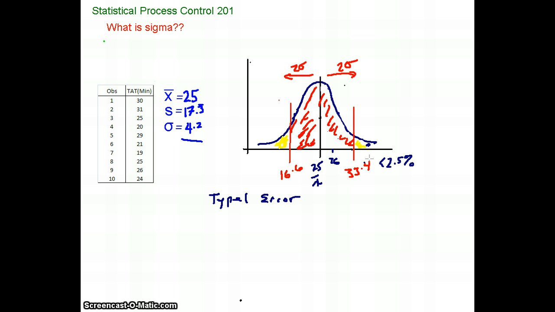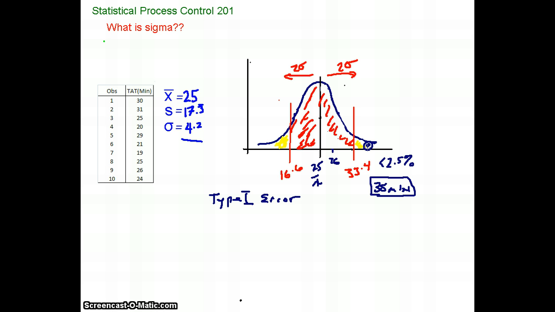So if we happen to have one observation of 35 minutes and we interpreted that as special cause variation, and we shut down our process and started a whole new process control measure, whole new process improvement project to deal with this one variable, chances are we're making a type 1 error because we've mistaken random variation for special cause variation.